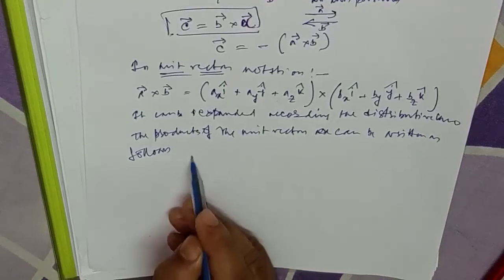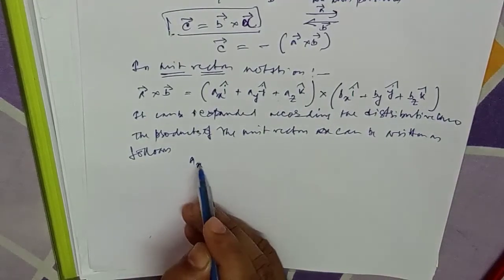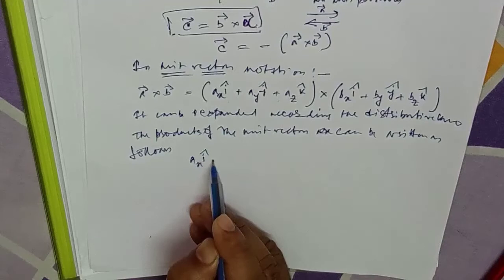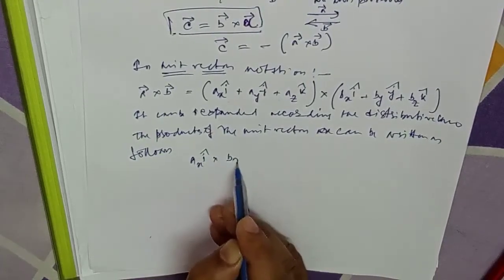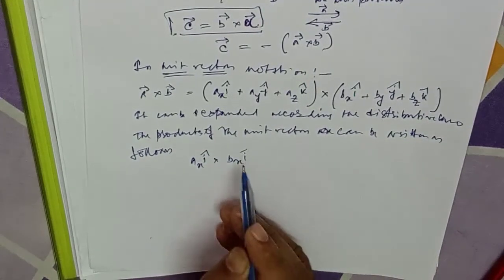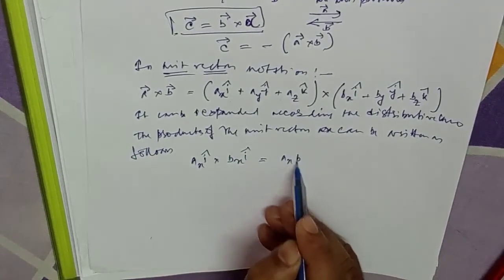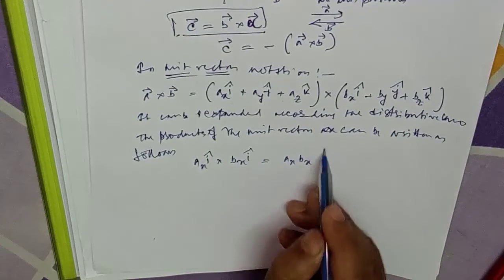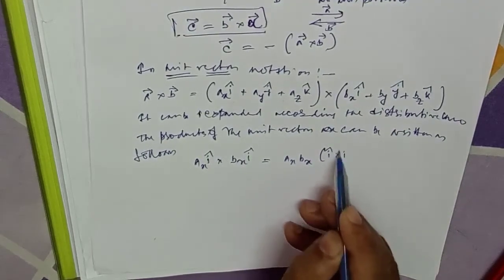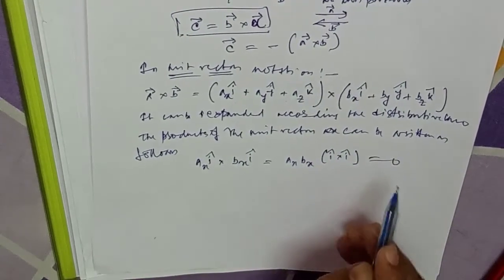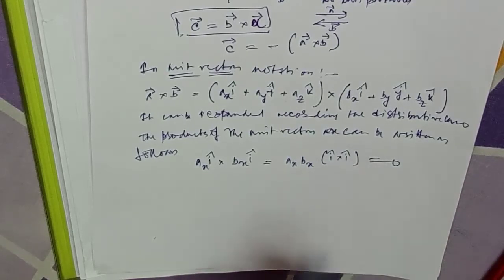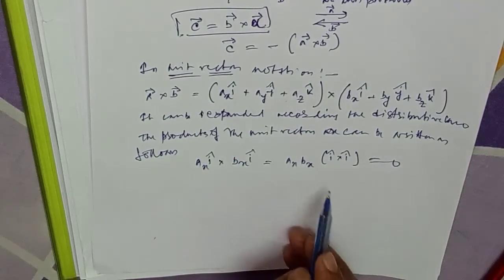What? ax i into bx i is equal to ax bx i cross i, which is equal to 0, because the two unit vectors i and i are parallel.